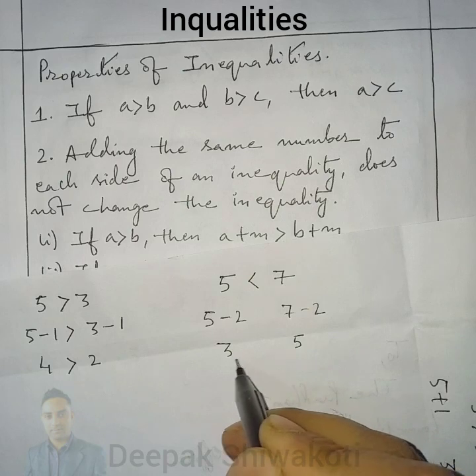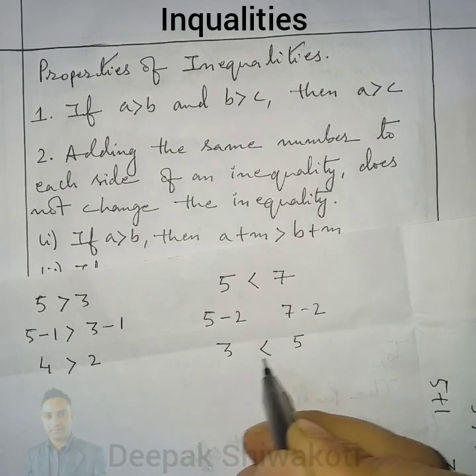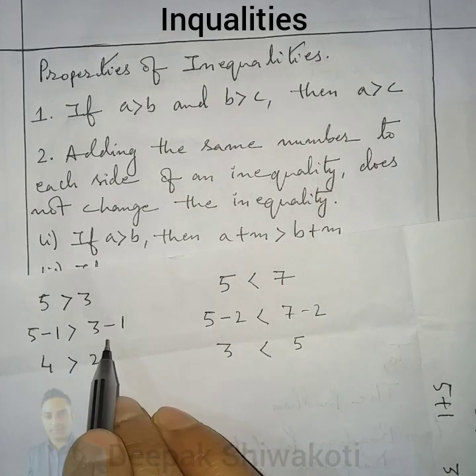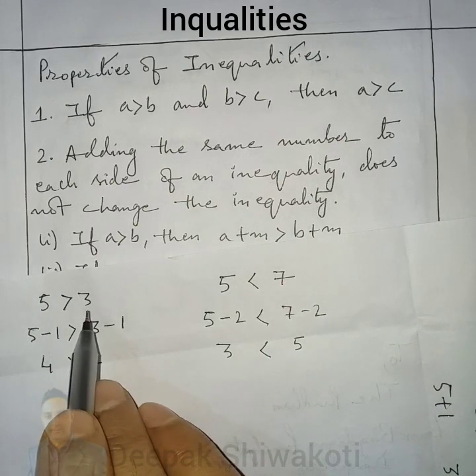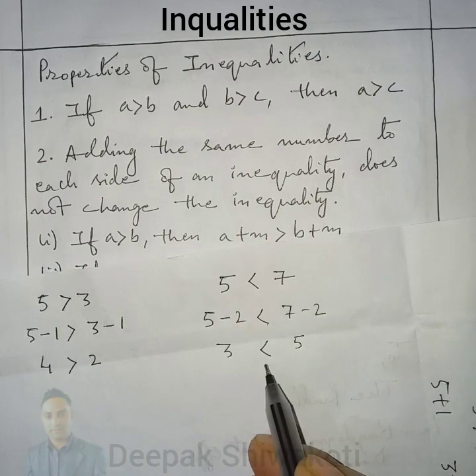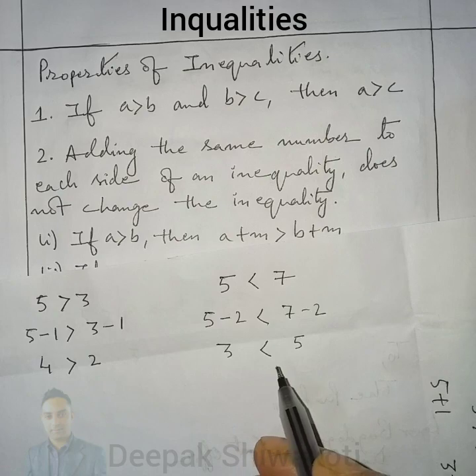So 3 is less than 5, this is also true. So if we subtract any number from each side of an inequality, the sign of inequality will not change.